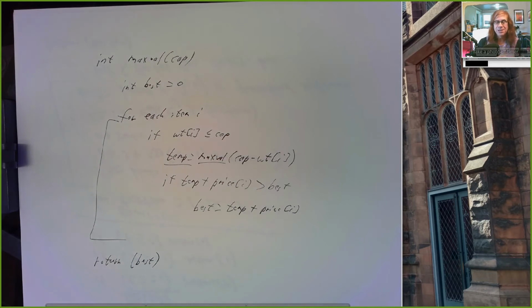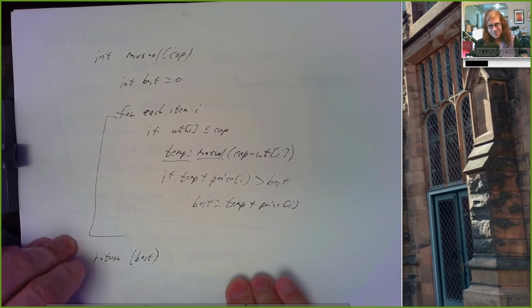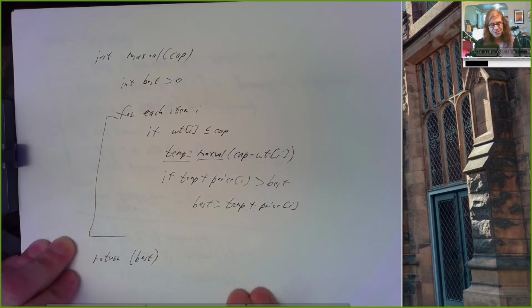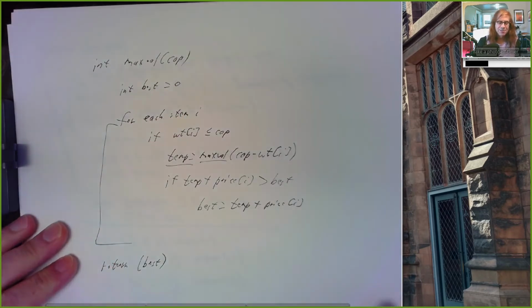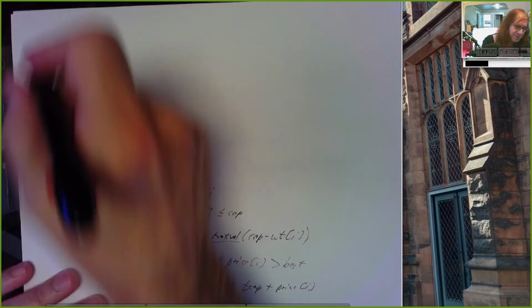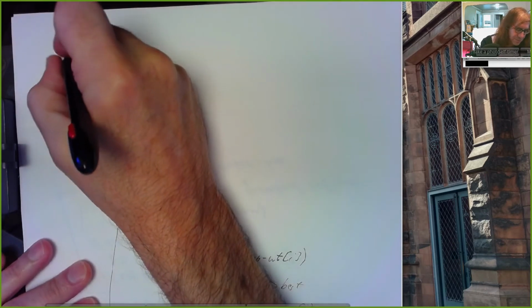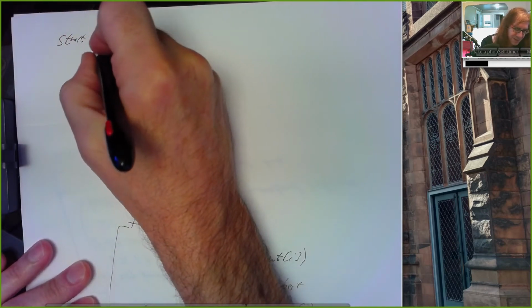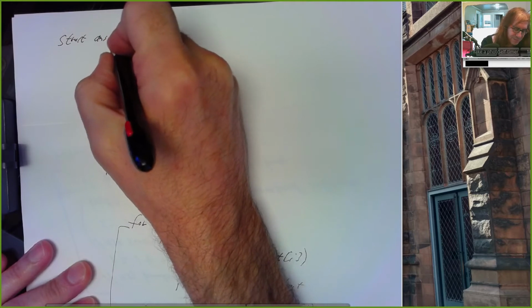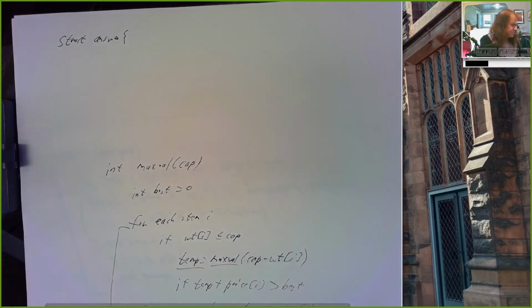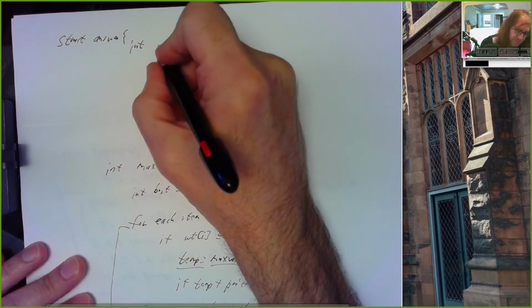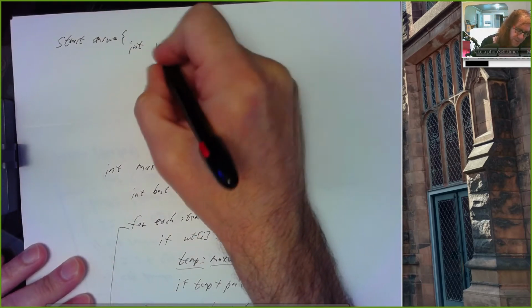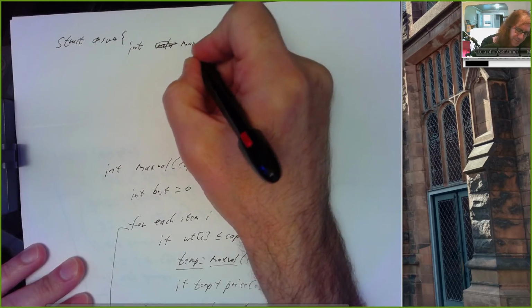But it doesn't get you the inventory, right? So if you also want to record the number of each item that you should have to get that maximum value, all we've got to do is change this a little bit. Okay, so we're going to make a structure, and I keep calling it answer, so I'll stick with that. And answer has two pieces to it. Let me call it maxval.